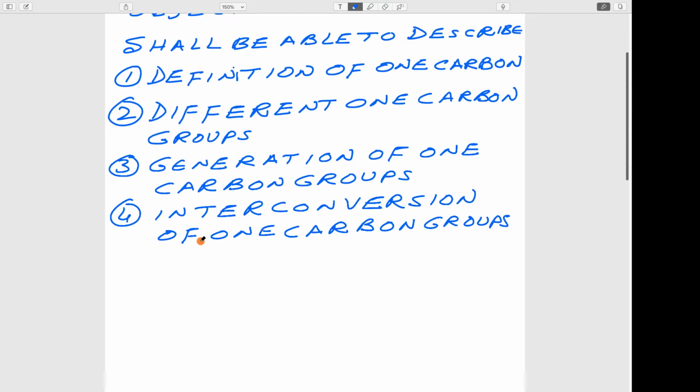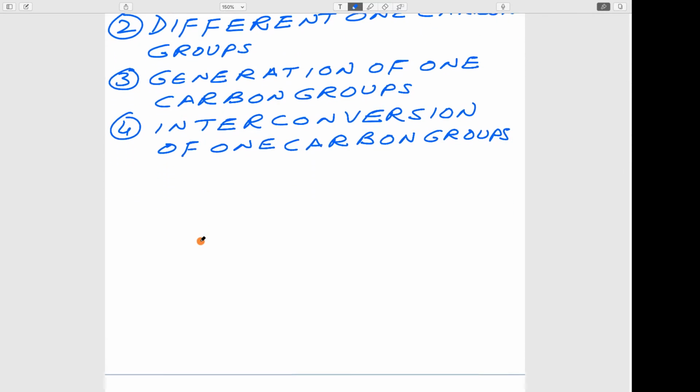Let us first talk about some general aspects of 1-carbon groups. Let me define it.